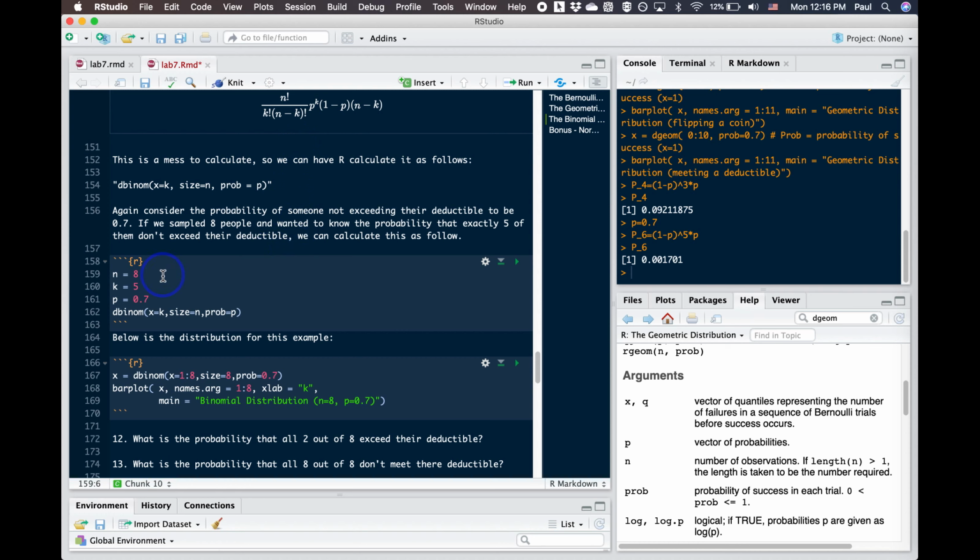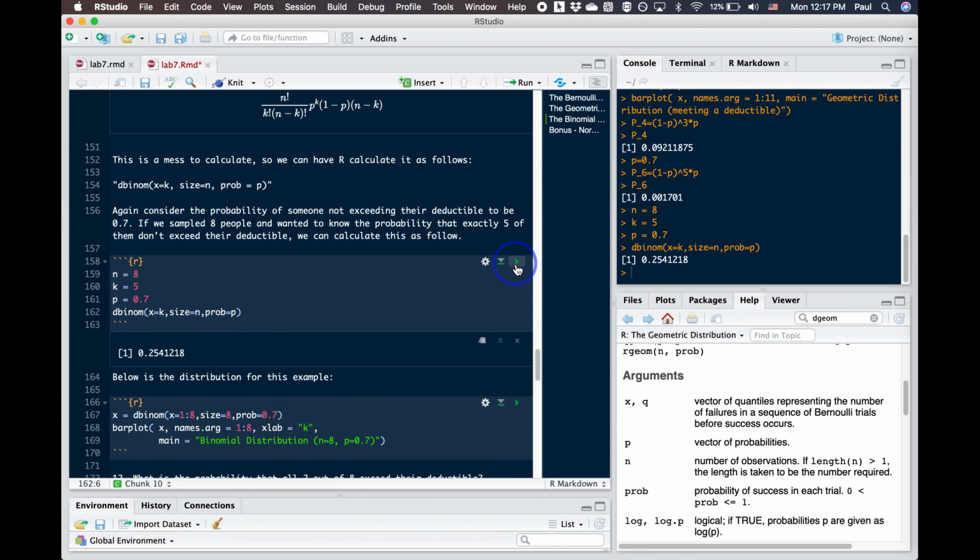And so n is the number of trials, k is the number of successes we're interested in, and p is the probability of success. If we just put those in, it calculates there's a 25% chance of only 3 people exceeding the deductible, 5 people not exceeding their deductible.